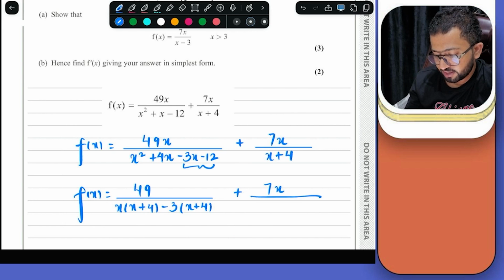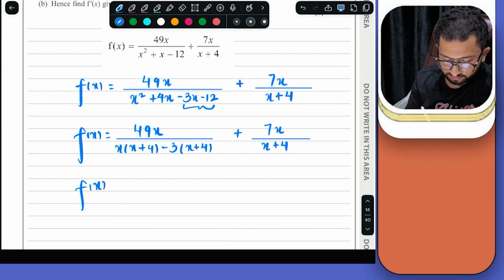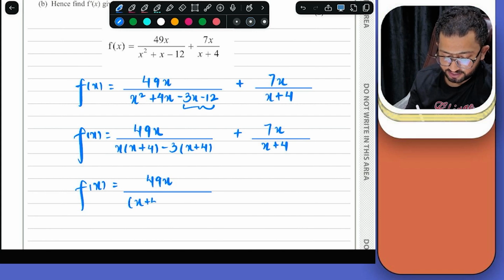So plus 7x over x plus 4. It is 49x. Now x plus 4 into x minus 3.